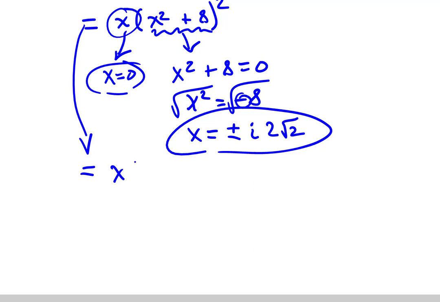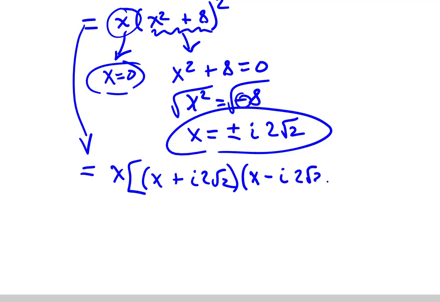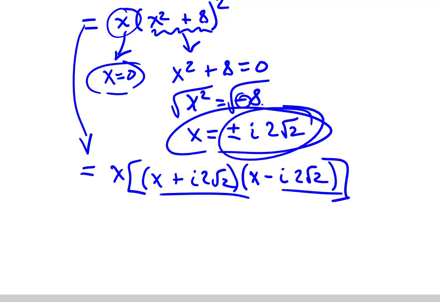I'm going to keep some brackets here holding what used to be the x squared plus 8. But now we're saying that x squared plus 8 could be factored using these zeros in the following way: x plus i times 2 root 2 times x minus i times 2 root 2. In other words, these factors are coming directly from the zeros we just found in solving that equation.